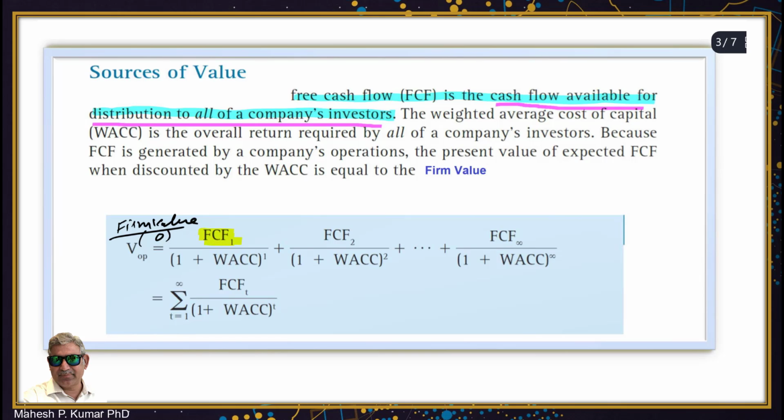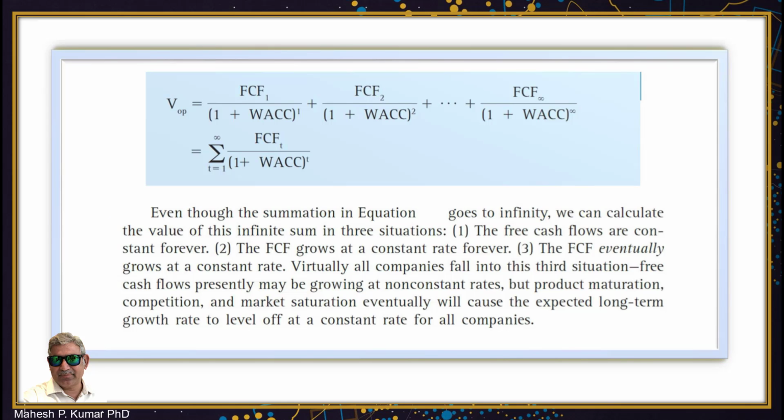So cash flow to the firm will be discounted for 1 year at the weighted average cost of capital, and free cash flow to the firm for the second year will be discounted for 2 years, and so on. We do it up to an infinite number of cash flows that are available to us. So interestingly, this formula goes up to infinity.